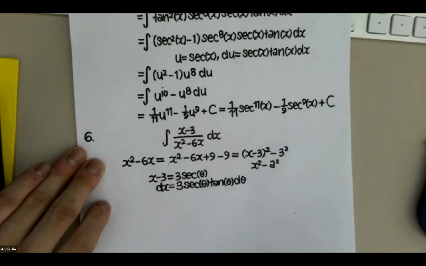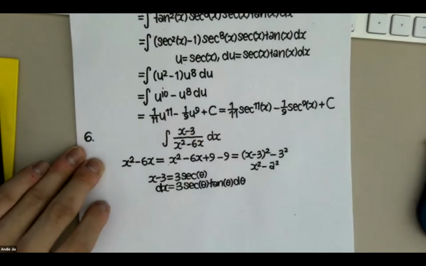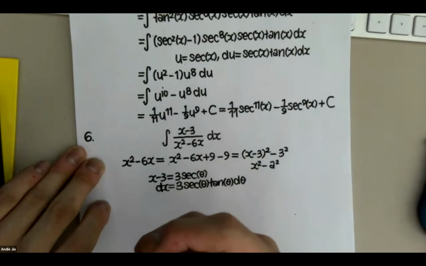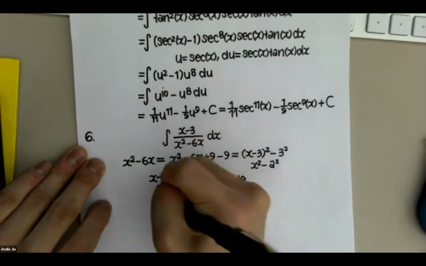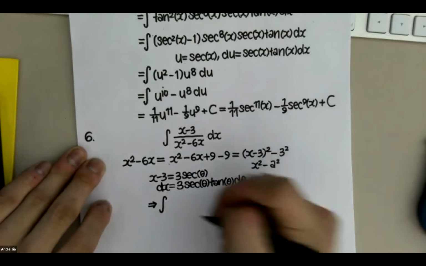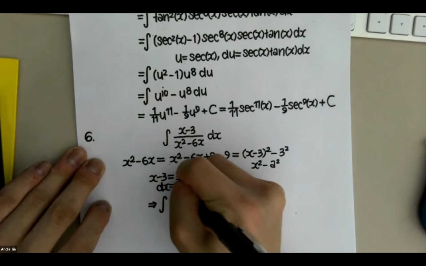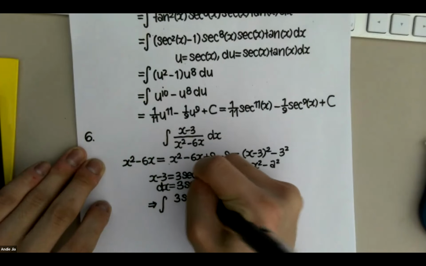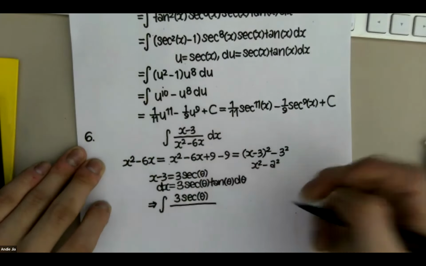And then the new integral: x minus 3 is right there, so you just put it in, 3 secant theta.